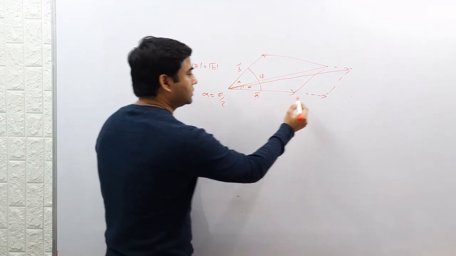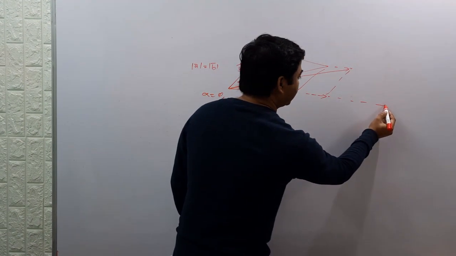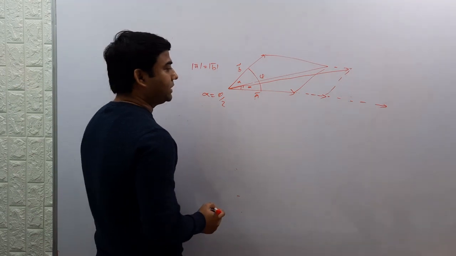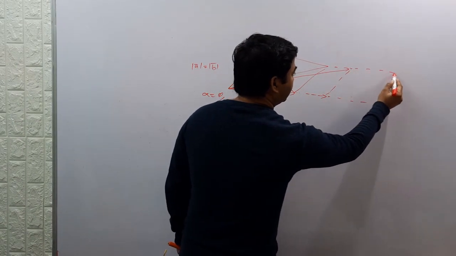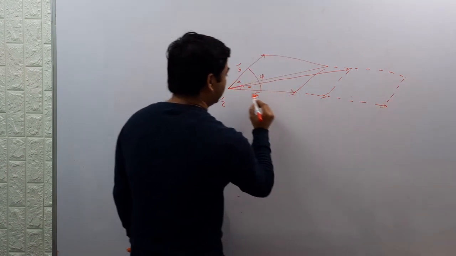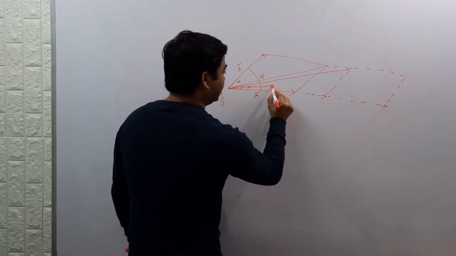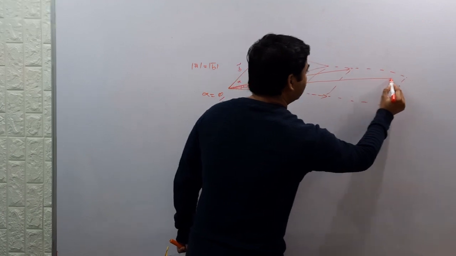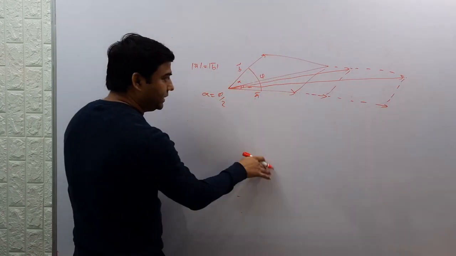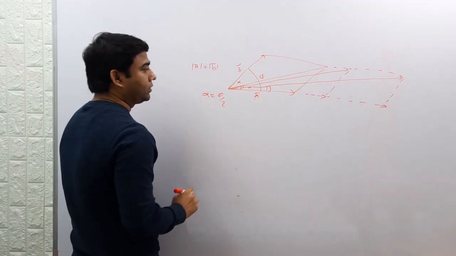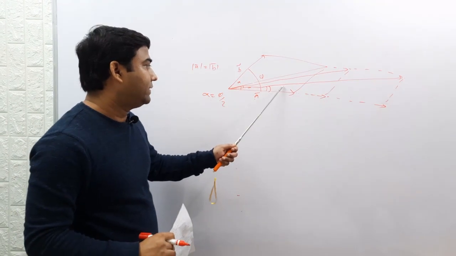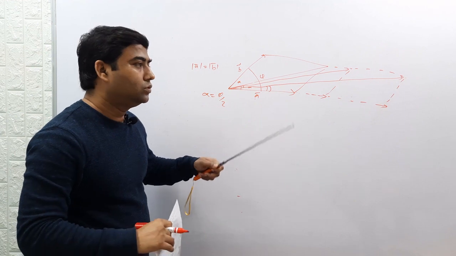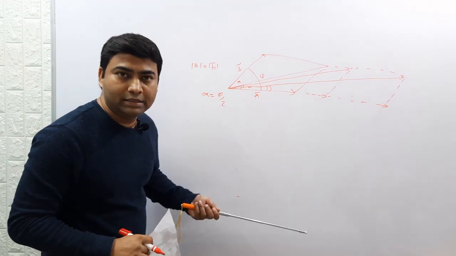Here vector A is more. Suppose vector A is further increased in magnitude and vector B's magnitude is the same, so the parallelogram will be extended up to here. The resultant will incline further towards vector A. So this is one of the observations: the resultant vector is inclined to the vector which is greater in size.